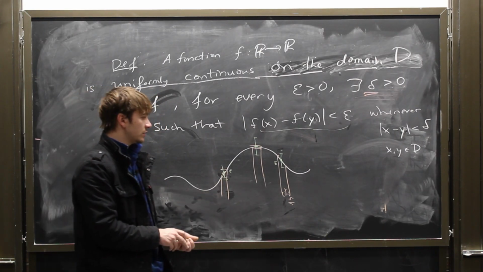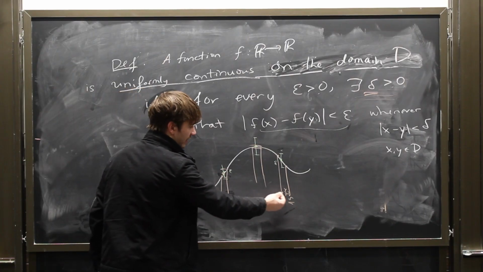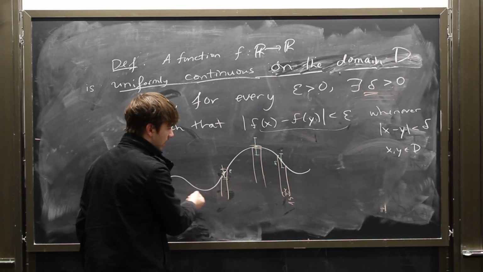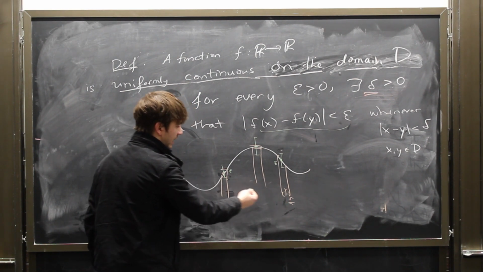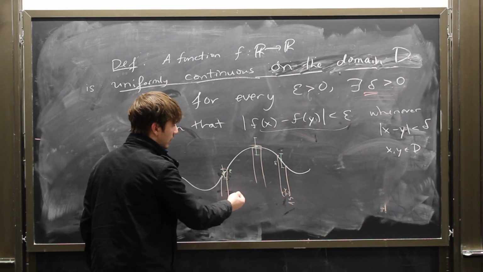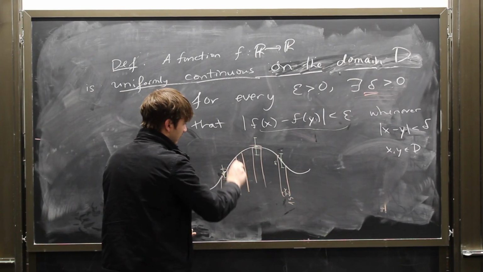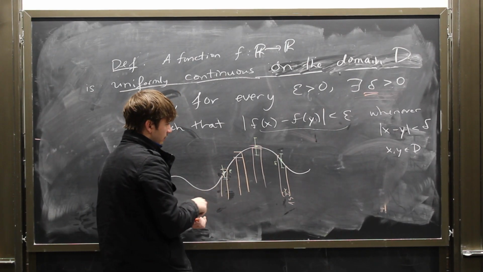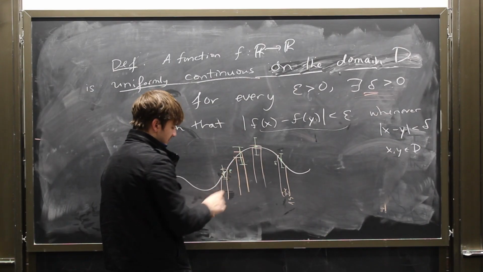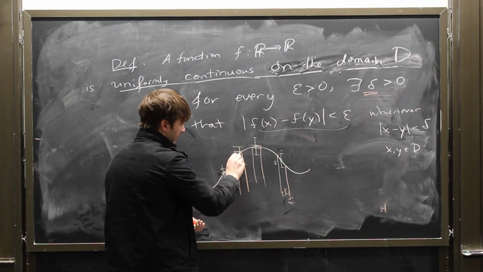So if I vary the point y and I vary this delta neighborhood along the graph of the function, then no matter where I go, the values of my function will stay within the epsilon neighborhood, okay?